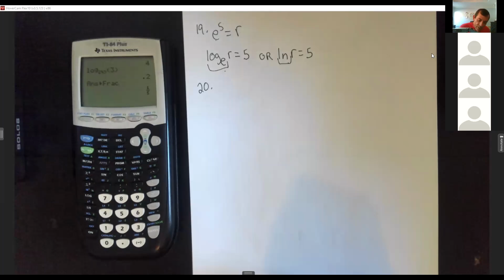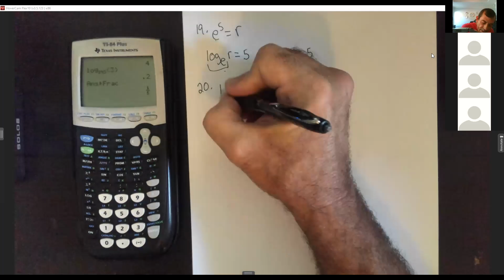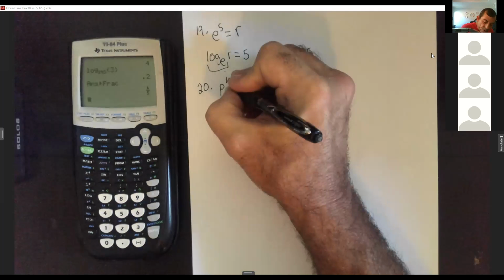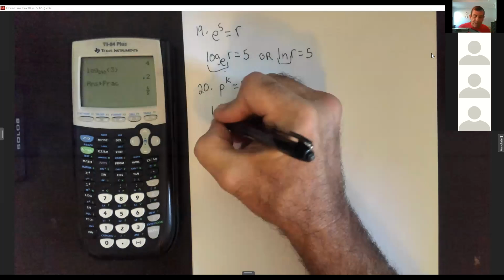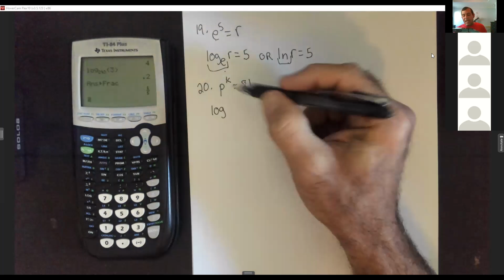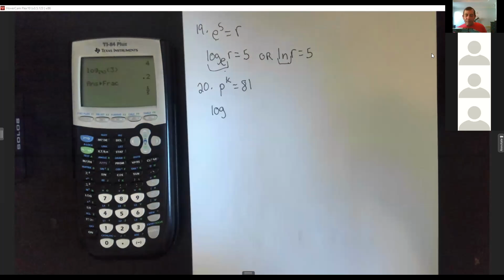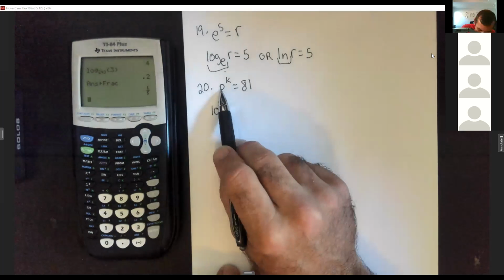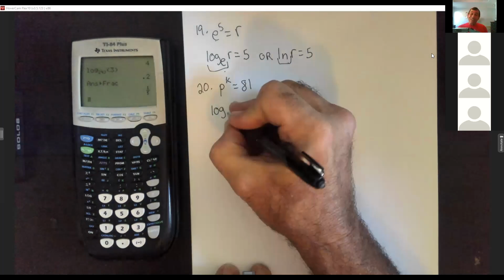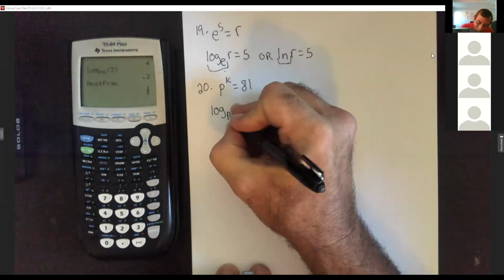All right, so the last one of those has a P to the K equals 81. You see they get more and more letters and try to confuse you more as you're going. But my base for my logarithm is that P. The result is the 81.